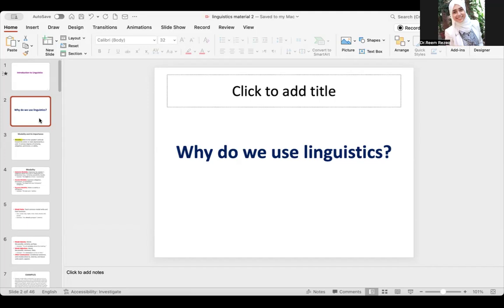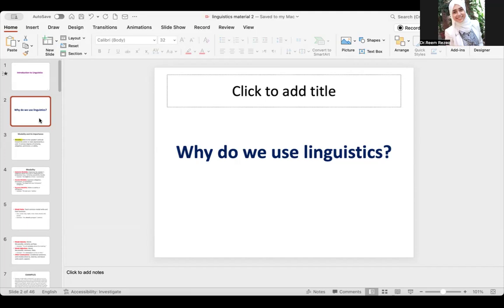So here, I just want you to focus on that. Linguistics, we can use it in analyzing. When we analyze, for example, speech, writing, literature, anything, written or oral, we're going to analyze it.